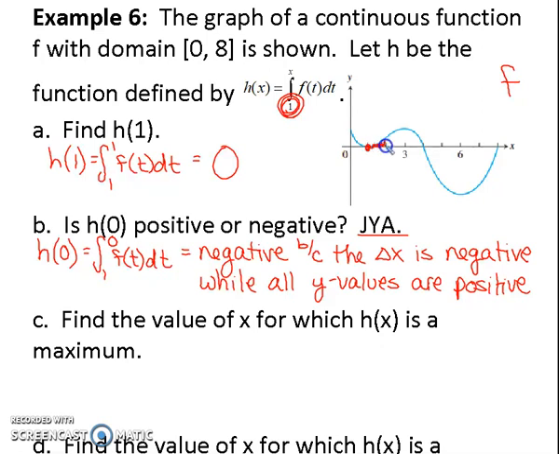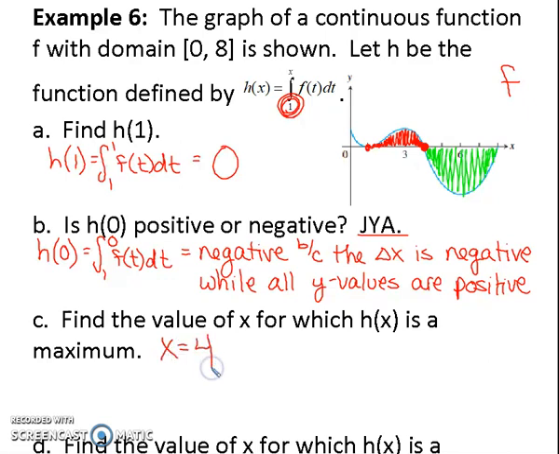So if we go to the right, initially I'm accumulating positive area. And I accumulate positive area all the way until I get to there. At that point, I start accumulating negative area. So that's going to do nothing but deplete my overall area value at that point. So my maximum positive area is accumulated here at this x-intercept, which it looks like happens at x equals 4.